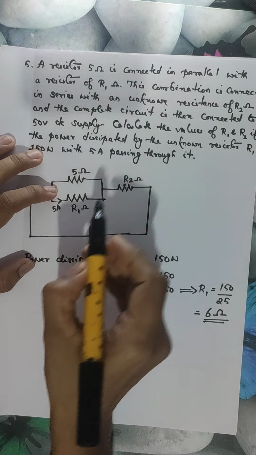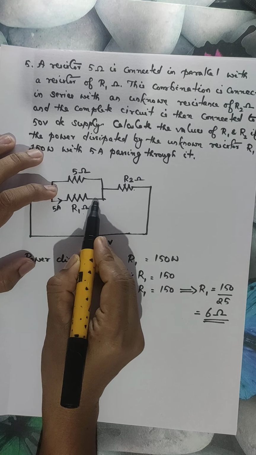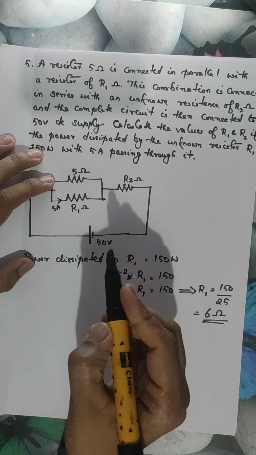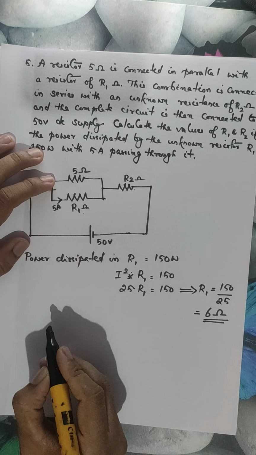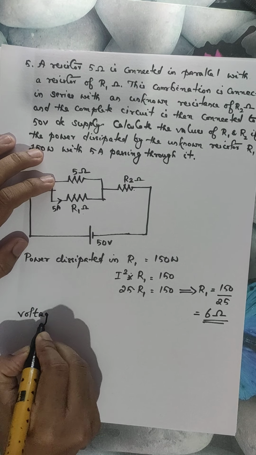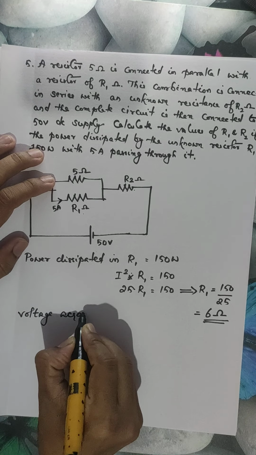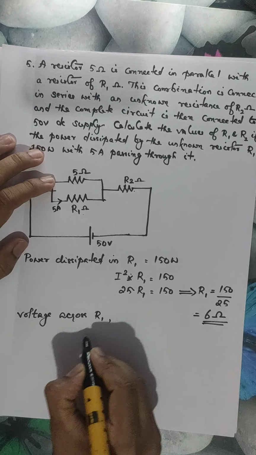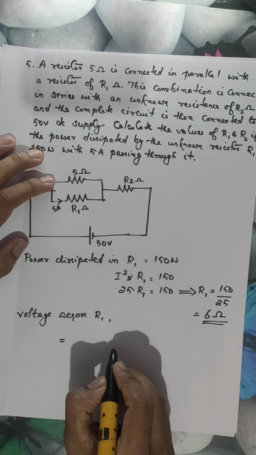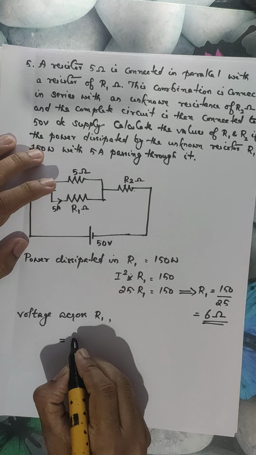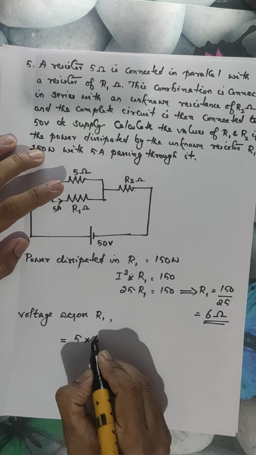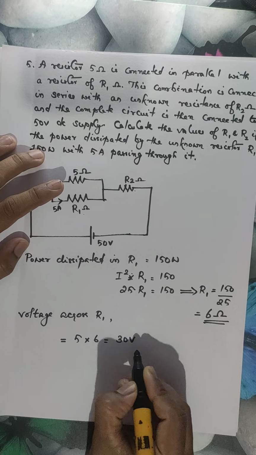Now we know the value of current flowing through this resistance and the value of this resistance. So we can calculate voltage across R1. According to Ohm's law, voltage is equal to I into R, so 5 into 6, that is 30 volt.